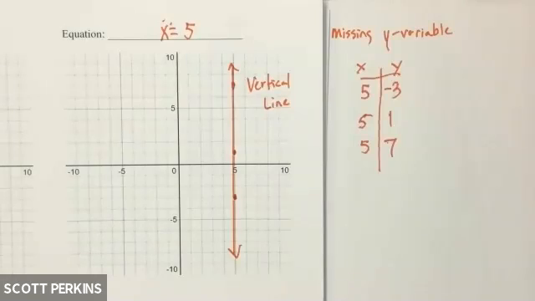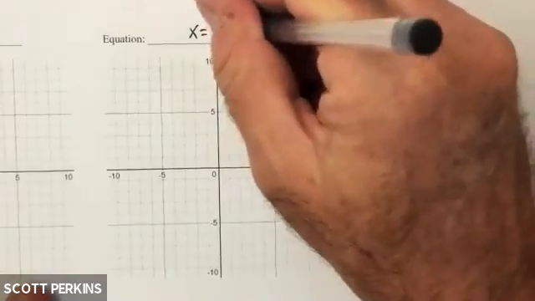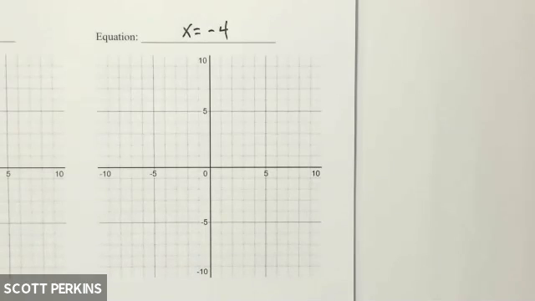So last problem from section 2.1, if you would please, I would like you to graph x equal to -4. What does that look like? X equal to -4.